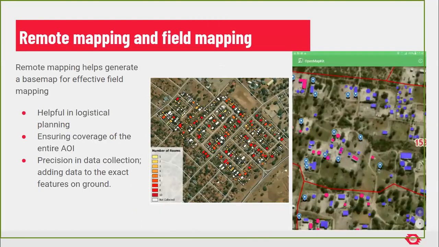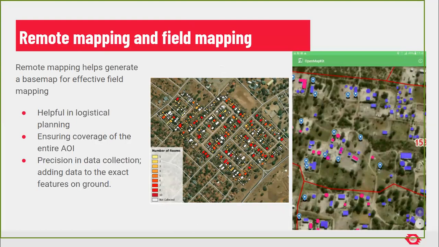Now, I also want to note that remote mapping is really central to field data collection and field mapping. This is really helpful in a number of ways. One of those is in planning your logistics.